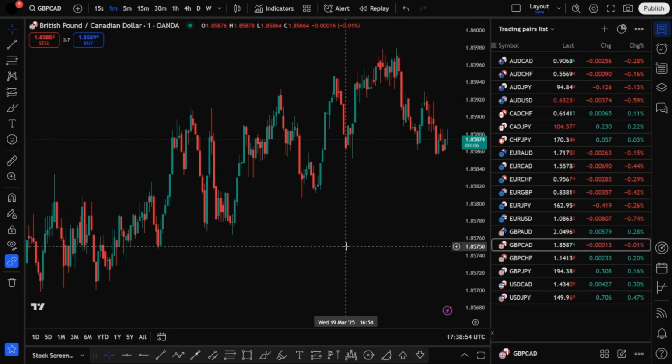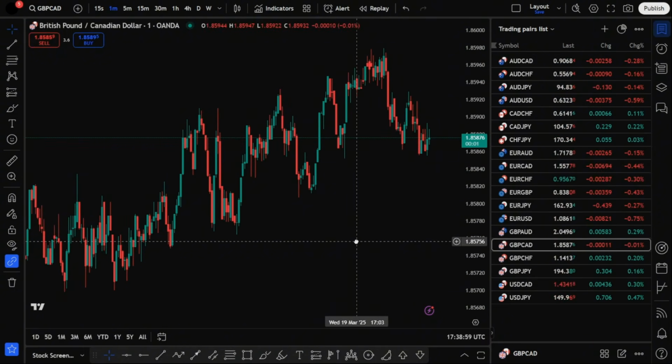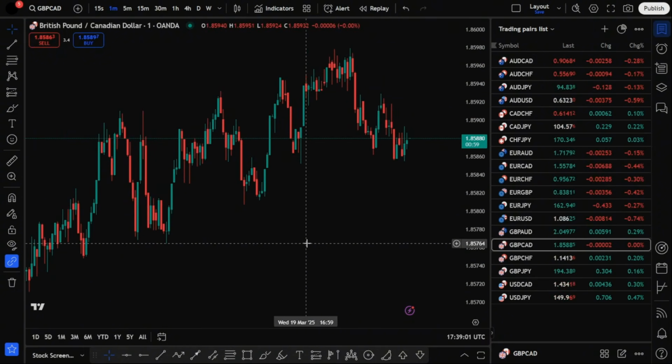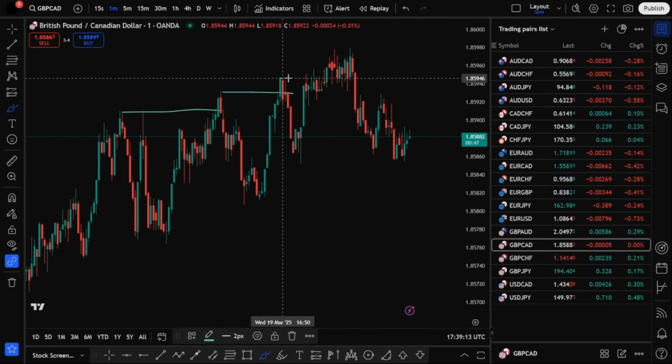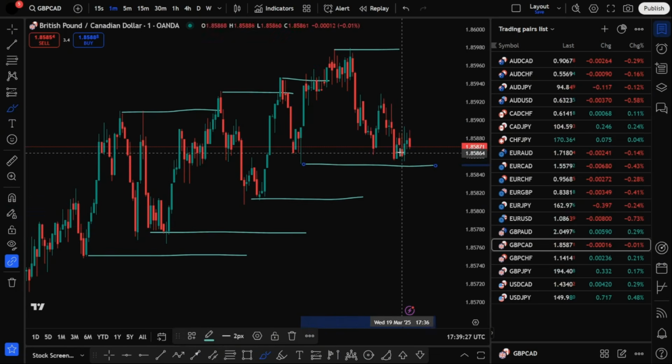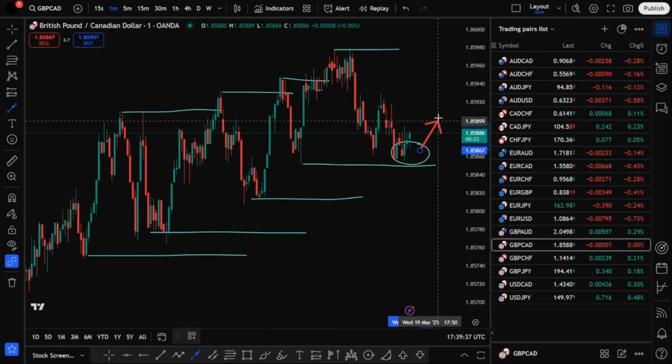Let's pause at GBP/CAD. Clear pattern, both highs and lows are rising. Price just hit a support level. We expect a bounce upward.